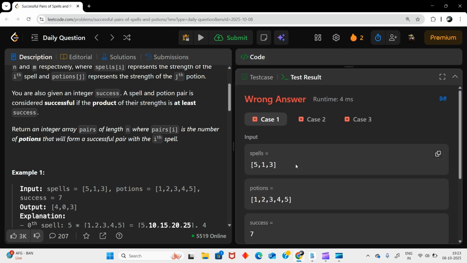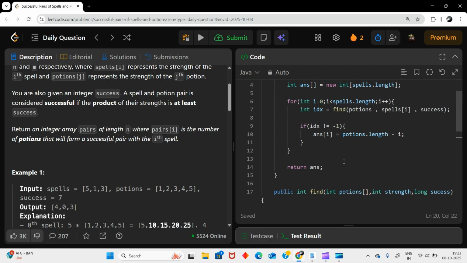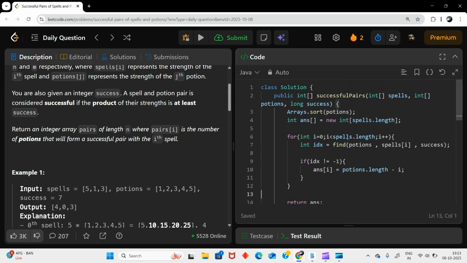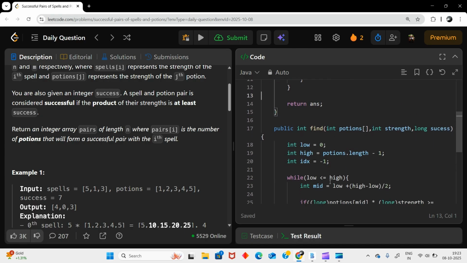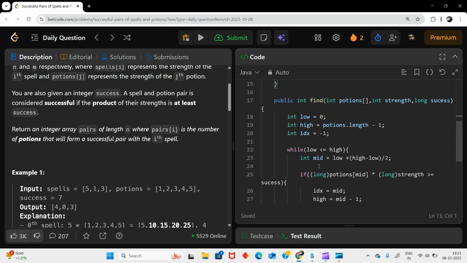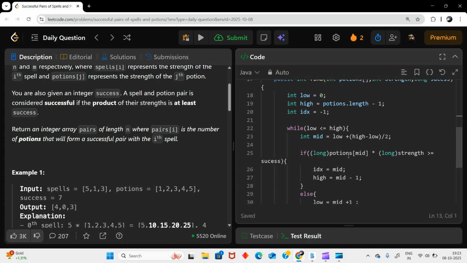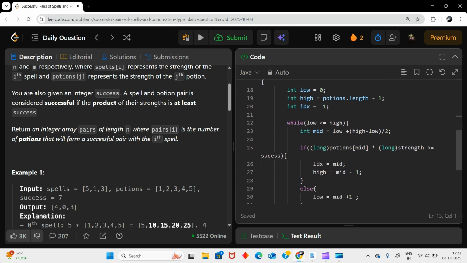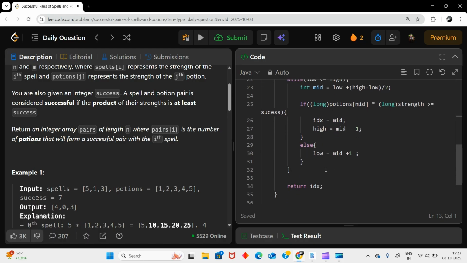Okay, we are getting the wrong answer. Let's check why we are getting this. Let's see what the issue is. Portions.length is correct, which we have passed here. Here we first found the mid, and then we multiplied, and if my high is mid minus 1, low is mid plus 1.